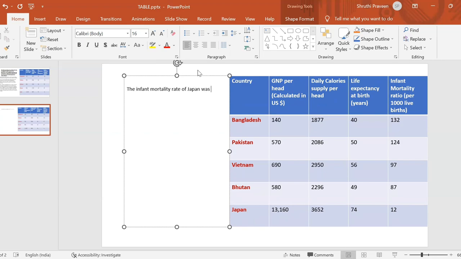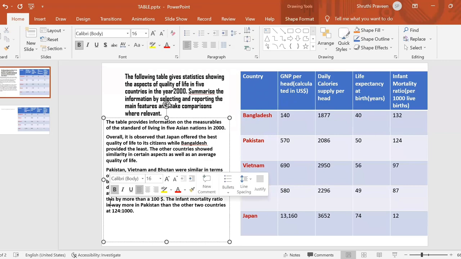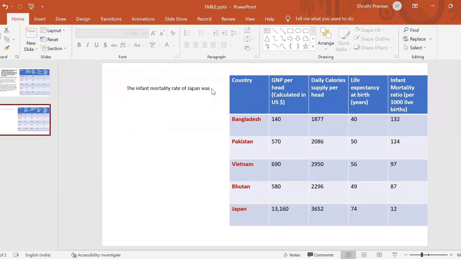So make sure to write everything in past tense, because this is another common mistake which students make. They write in present tense or future tense, but it should be in past tense, which was, there was only a marginal difference. Vietnam exceeded. Oh, here I have written "was way more than". Okay. So make sure you write all in past tense.